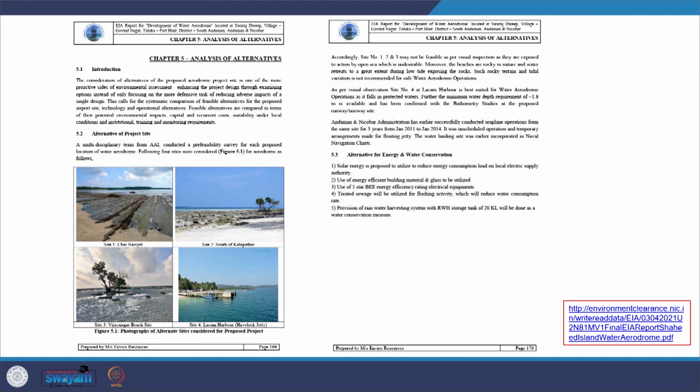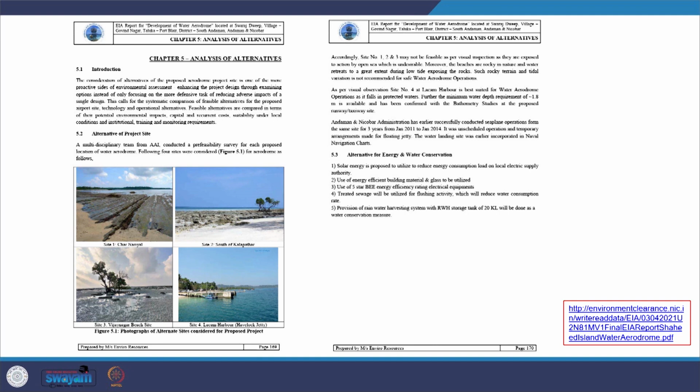Such rocky terrain and tidal variation is not recommended for safe water aerodrome operations. So the alternatives which were taken here were not considered a safer option for the purpose for which the project had to be undertaken. So think about what kind of alternatives are being evaluated here for comparison purpose.